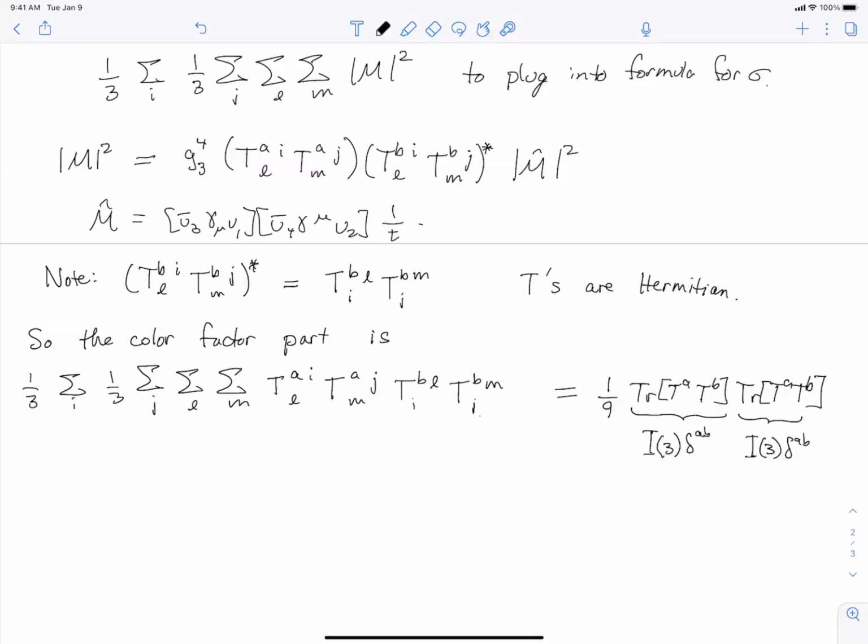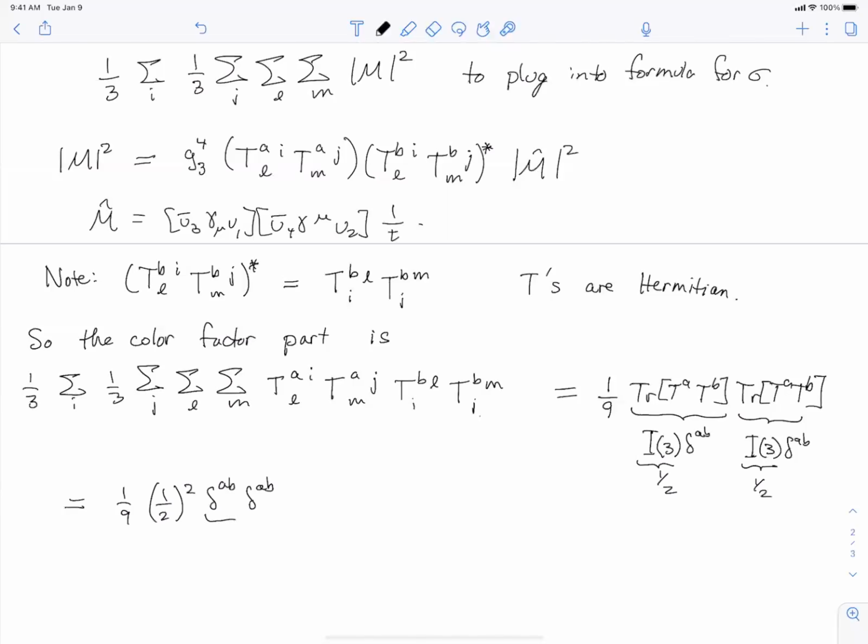Okay, and the index of the 3-dimensional representation, we said was 1/2. These are things you can look up in tables, what the indices of various representations are. And so this whole color factor is 1/9 times 1/2 squared times delta AB, delta AB.